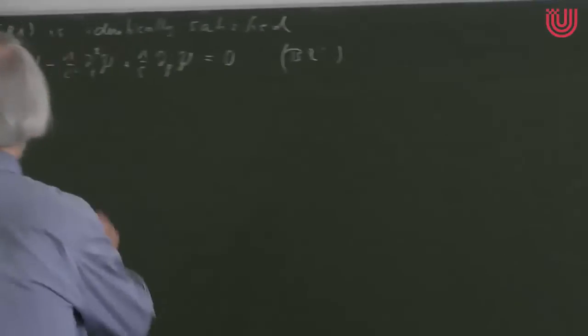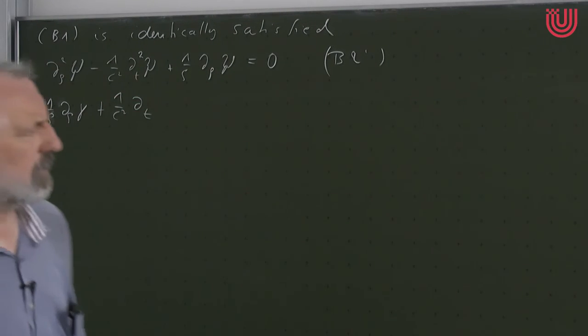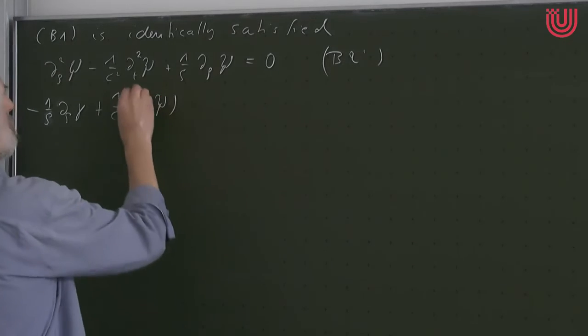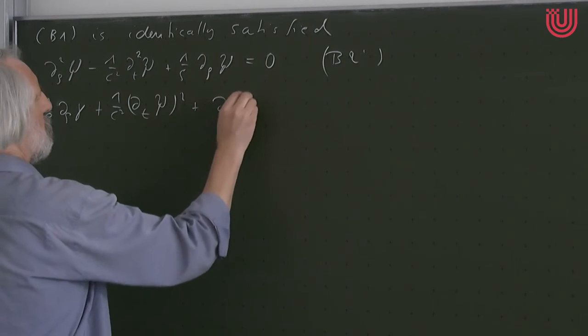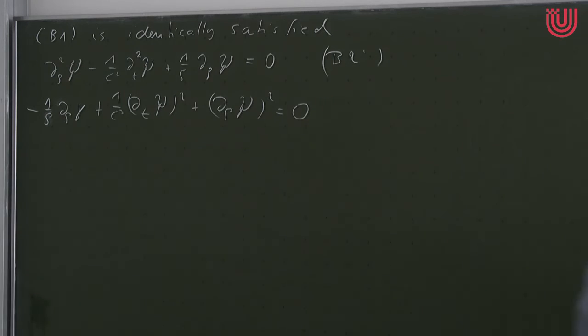Plus 1 over c squared, this is dt psi squared. Is this really plus d rho psi? I'm a little bit confused. Usually they come with different signs. Let me check if I made a mistake. No, that's what I have here.